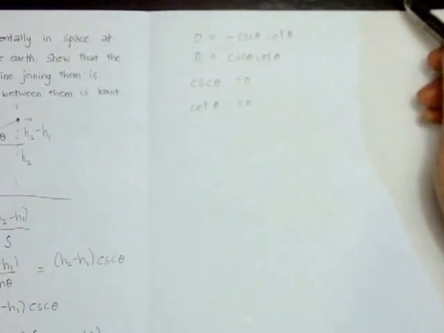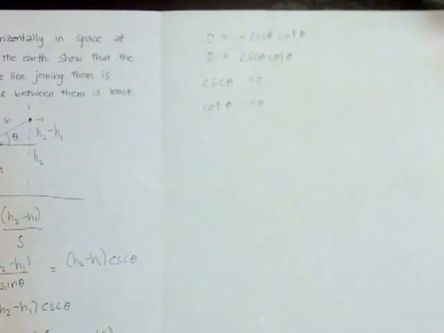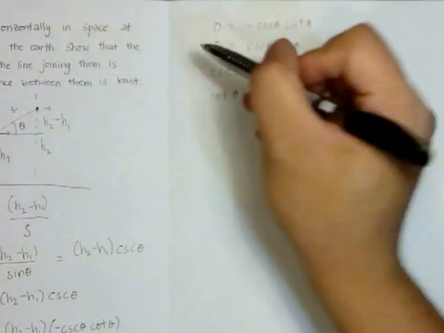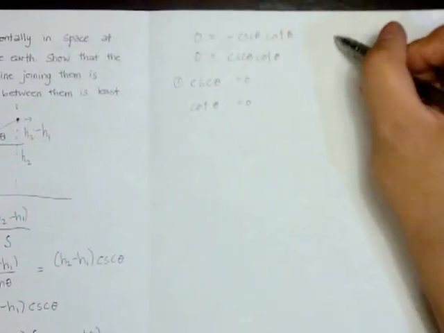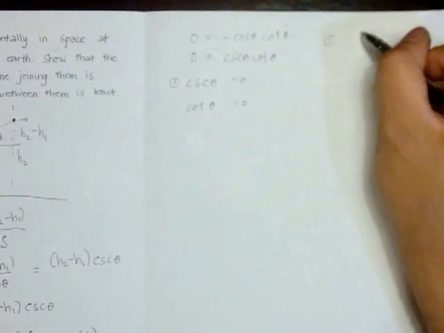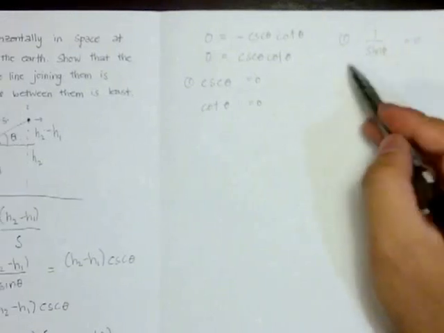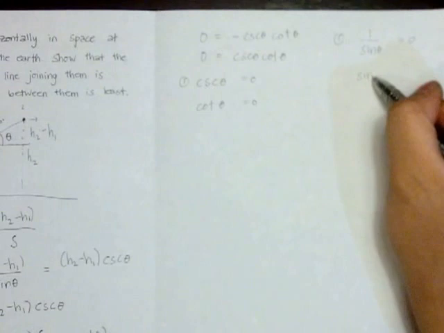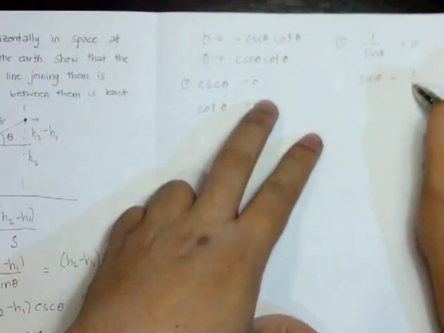From these two values of theta, we still have to evaluate which is not part of the solution set in this problem. First, let's consider cosecant theta equal to 0. Cosecant theta is 1 over sine theta equal to 0. If we simplify this in terms of sine theta, we have sine theta equal to 1 over 0.